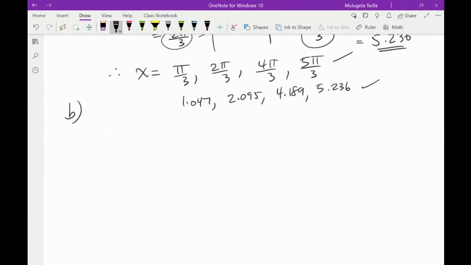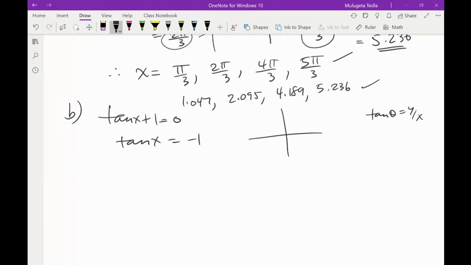The second question is: if you have tangent of x plus 1 equal to 0, what is x? So tan x is negative 1. This is easier. Where is tangent negative? Tan of theta is y over x, as you know, opposite over adjacent.